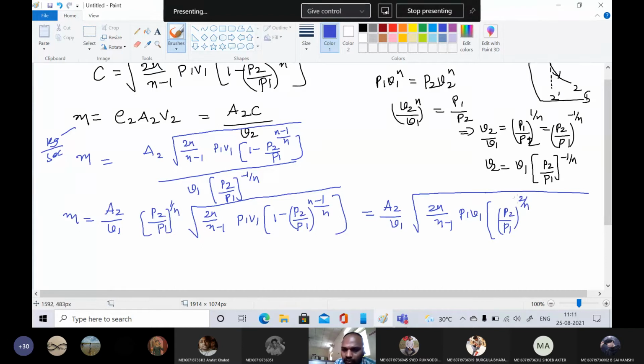Now P whole minus P2 by P1, already we have n minus 1 by n, and multiplied by (P2 by P1) whole power 2 by n. Is it clear till now?